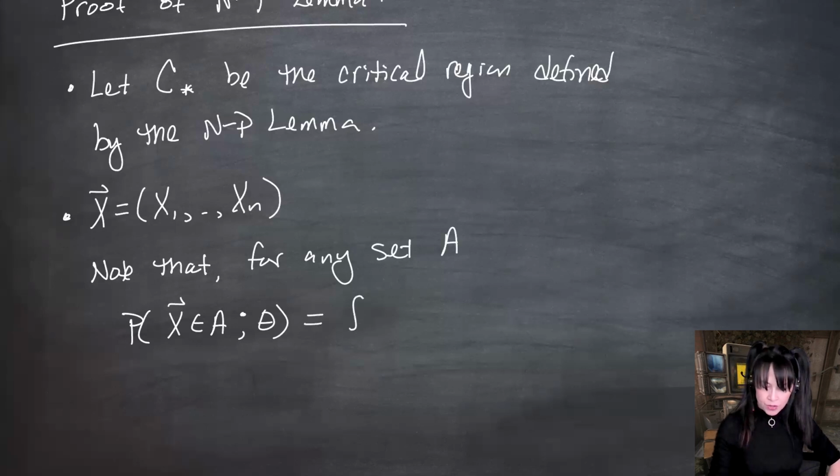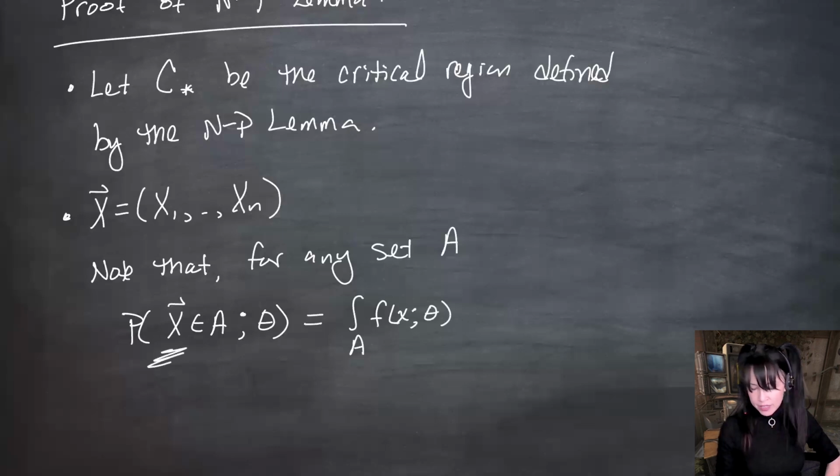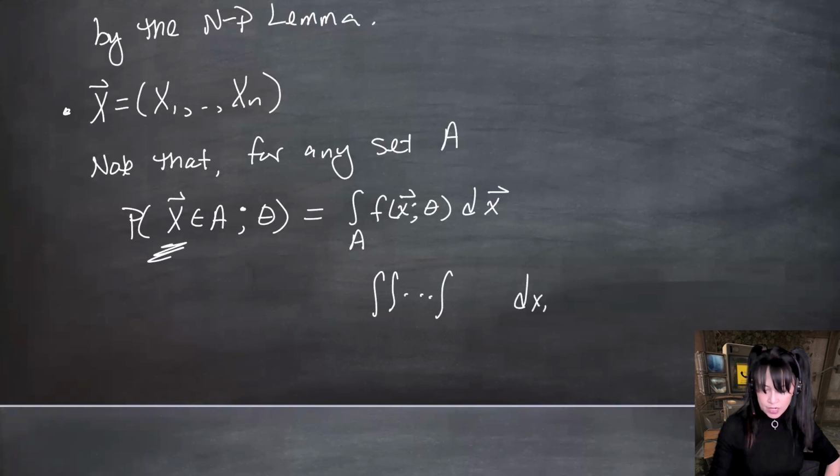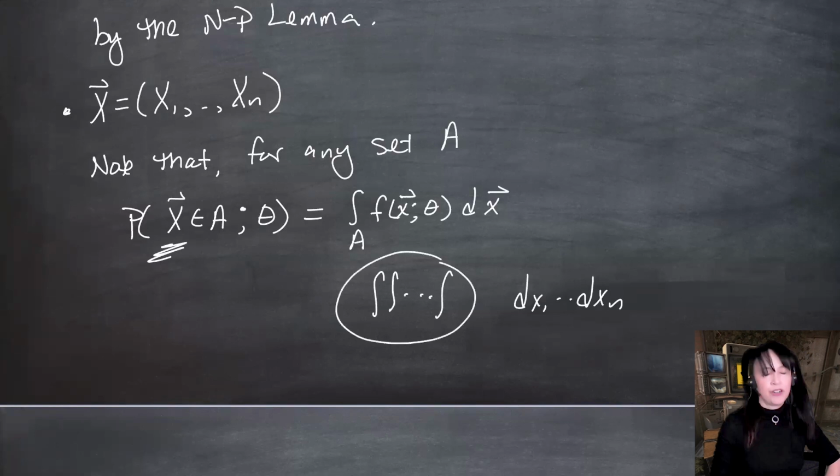So I'm going to write an integral or a sum over A of the PDF with the parameter being theta. And this is a probability involving all the x's, a joint probability. So the joint PDF and then dx. This is shorthand for an n-dimensional integral. And then a dx1 out through a dxn. And then the limits of integration here have to describe the set A, which in general is hard to do.